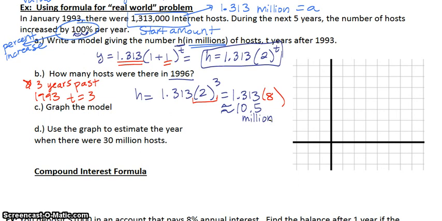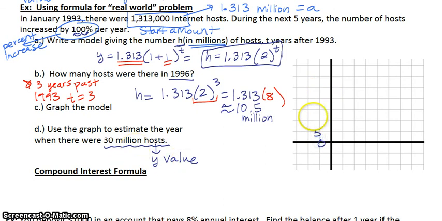All right, step C asks us to graph the model, but I'm going to read ahead a second and see that step D wants us to use the graph to estimate the year when there was 30 million hosts. And remember how I said the H or hosts was the Y value? That means I'm going to want the Y values to go up to 30. So when I'm thinking about labeling my graph here, instead of going 1, 2, 3, 4, 5 like I maybe normally would, I want it to go up to 30. So I'm going to label it by 5s.